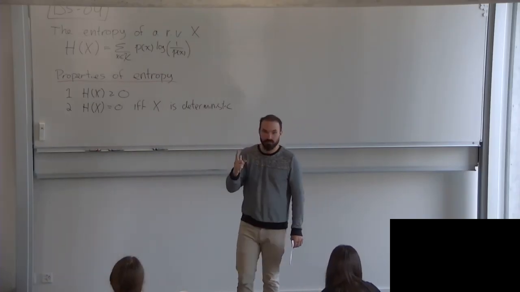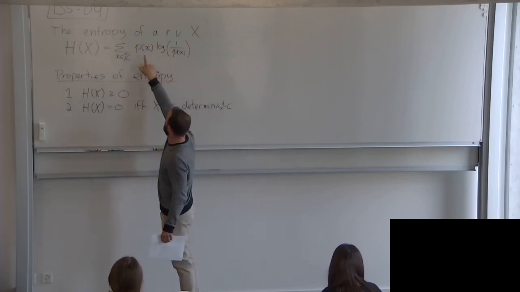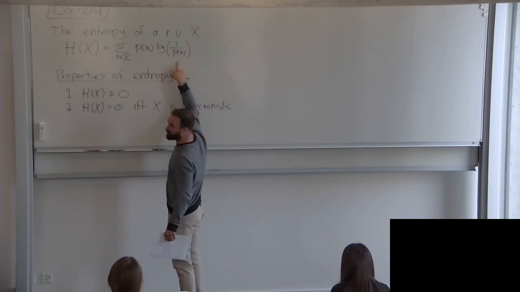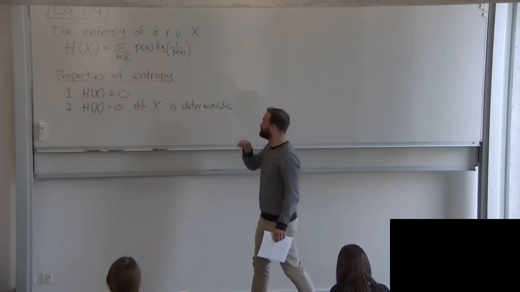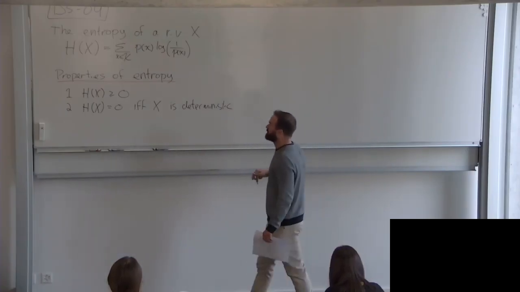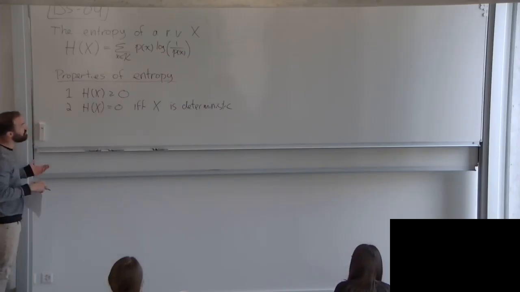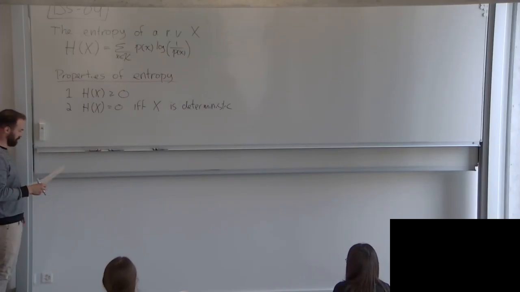There's only one outcome which has probability 1, and you can plug it in, and you see that for that outcome you have 1 times log of 1. That's 0. And in fact it's an if and only if. So you can derive the constraints on the possible p's such that it's equal to 0, and you'll find that there's only one solution.